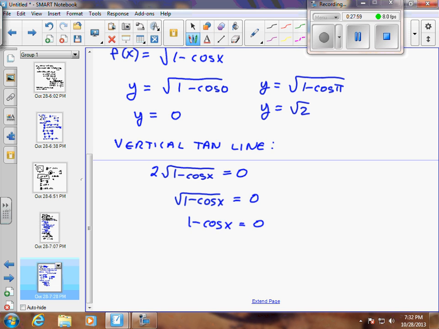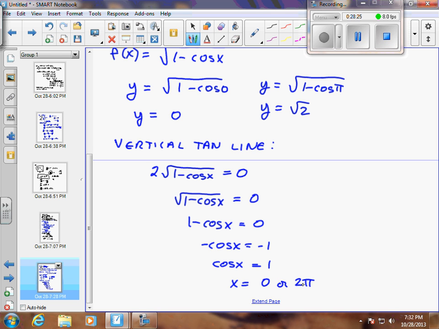And then what? And so x equals what? 0 or 2 pi.